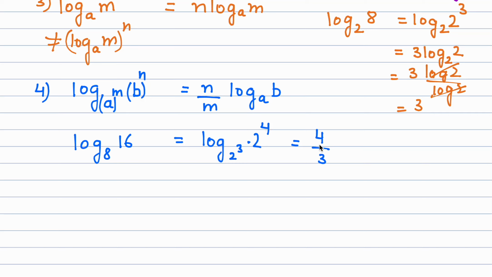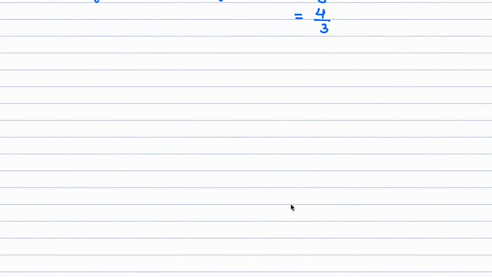So this will be 4 by 3 as a fraction, and that will be log of 2 of 2. Now log of 2 of 2 is again 1. If you are a little bit confused over here, you can just go back to the base rule and check in how many different ways we can use that simple rule, right? So now that is equal to 4 by 3. Isn't it magical? Okay. Now property number 5.